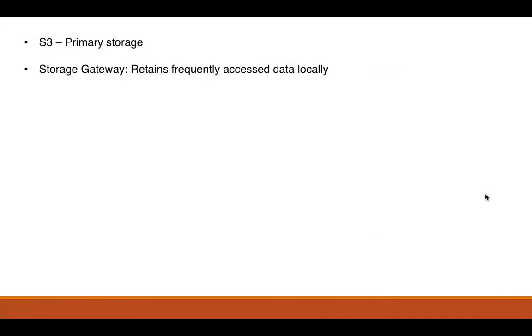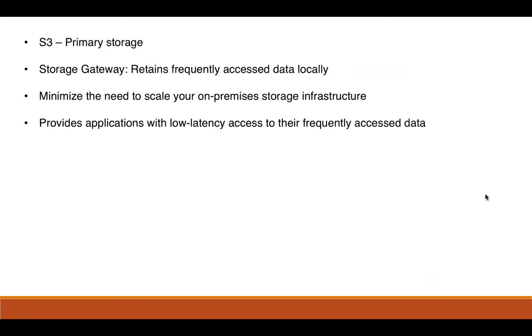The cached storage resides in the storage gateway in your data center. It retains the frequently accessed data. This architecture minimizes the need for you to scale your on-premises storage infrastructure, and it provides the applications with low latency access to the frequently accessed data.